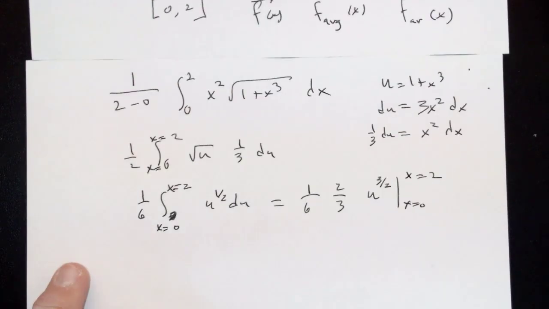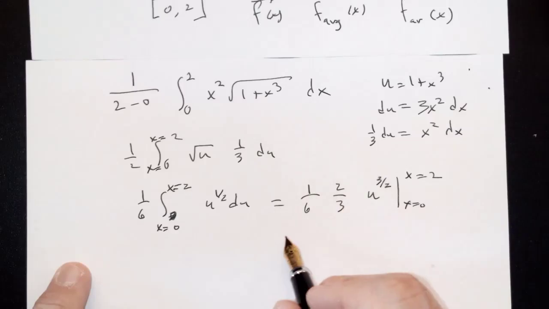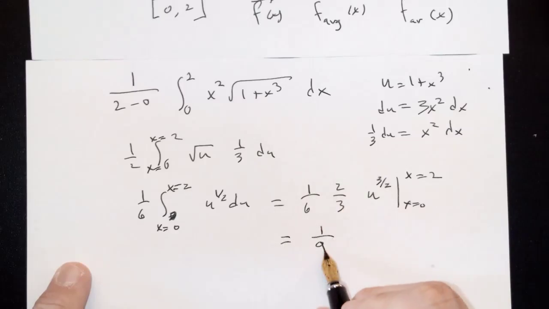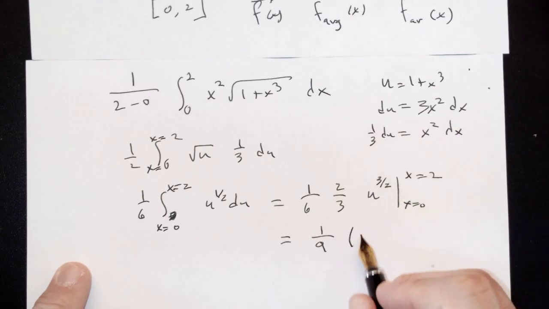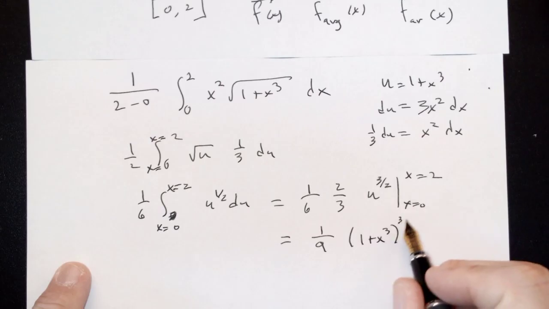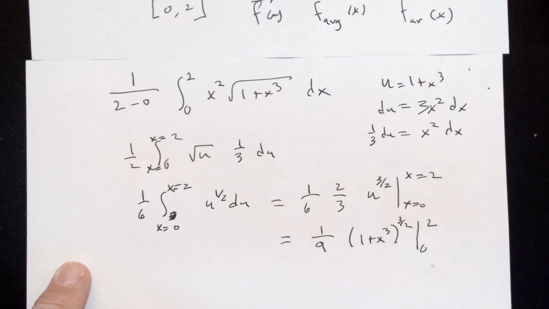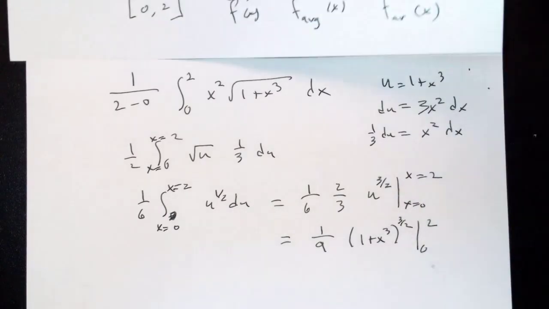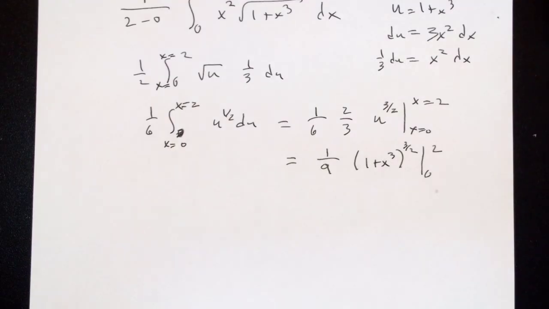So let's simplify that. 2 over 18 is going to give me 1/9. And if I want to do x, I should go back to x. And now I don't have to write x equals next to my numbers because my evaluation expression is in x.